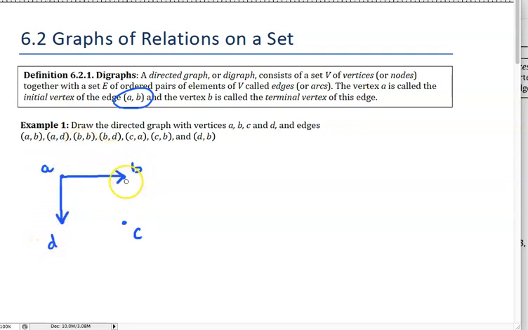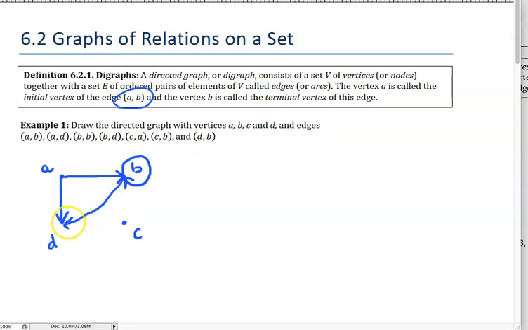B goes to B, so this is represented by a loop, a loop with an arrow. B goes to D. I've been drawing things as straight edges, although that's not important. It could be straight, it could be curved.